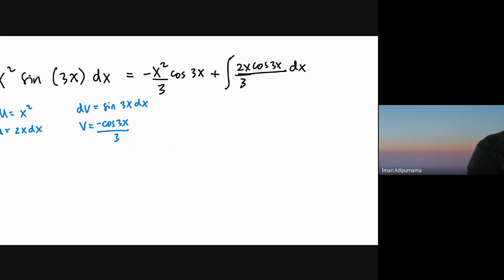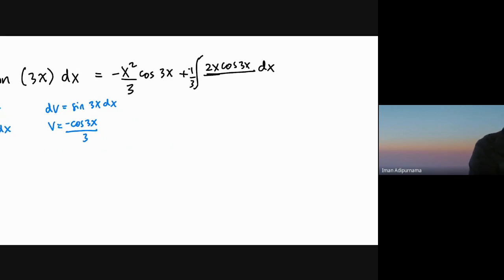Let's move out the constant here, 2 over 3, sorry. And take the other u as x and the other dv as cos 3x.